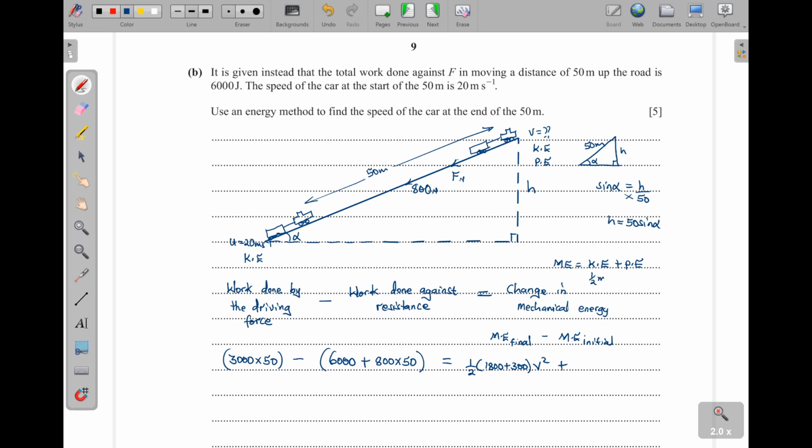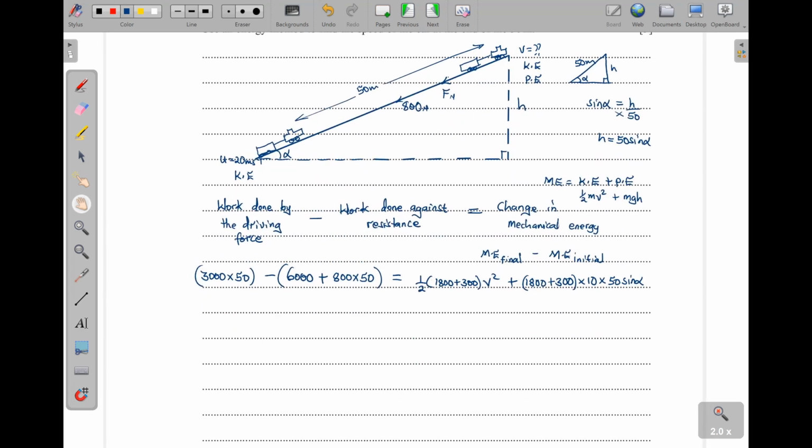This is a half mv squared. This one here is mgh, okay? So the potential energy here, M, is again the same thing, 1800 plus the 300. Then times the g, which is 10. Then the h. h is 50 sine alpha. Okay, and sine of alpha, we know it. So do you see that what we are left with is just the velocity?